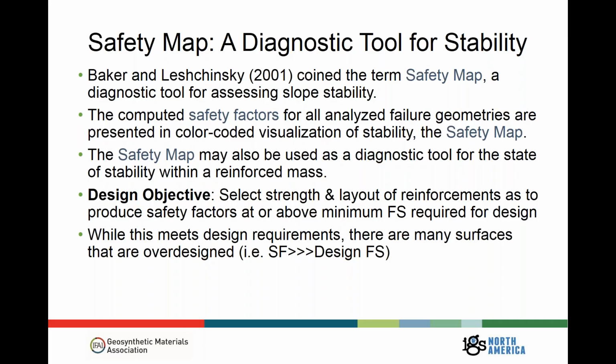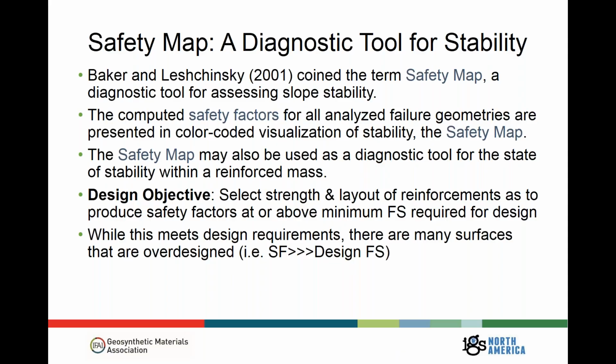Basically, it takes one surface, two surfaces, 10,000 surfaces from Bishop or Spencer method or any slope stability analysis you like, and it shows them on your given slope geometry, providing a color-coded representation of safety factors, as well as the critical failure surface. So what that does is lets you visualize swaths of instability or stability throughout a structure that aren't so readily determined when you look at just one critical surface.